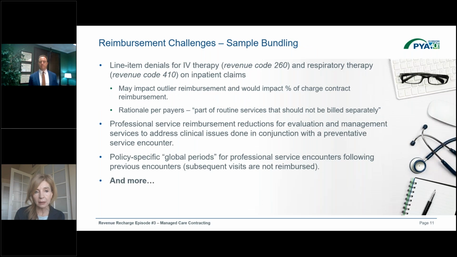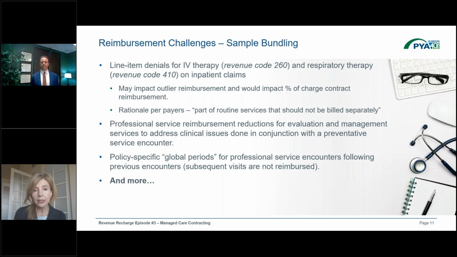Line item denials, we're seeing IV therapy, respiratory therapy getting basically line item denied on inpatient claims, particularly that are getting paid as a percent of billed charges. If that's happening to you and if that's not covered in your payer contract, you need to do something about it, because the reimbursement implications could be very material.